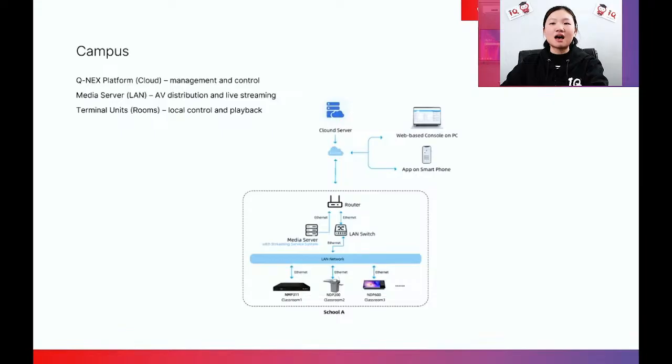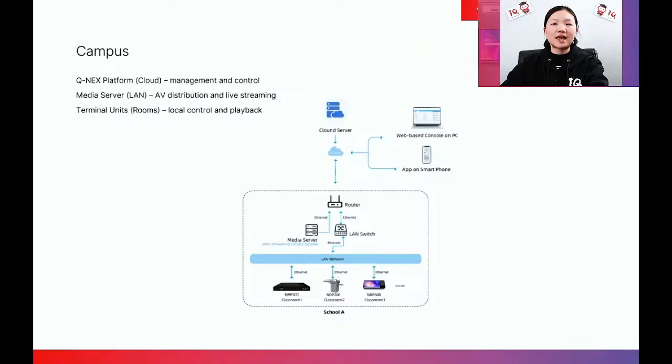Here's how it works. Media files are stored locally on the media server. The Q-NEX platform sends control instructions. The media server streams content within the campus LAN. Terminal units receive and play the content on connected displays or speakers.